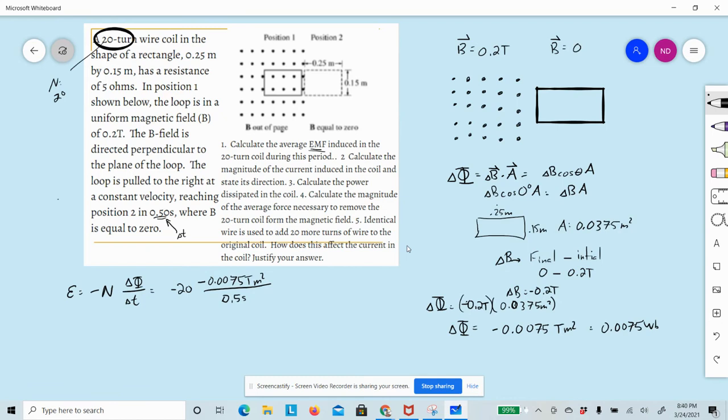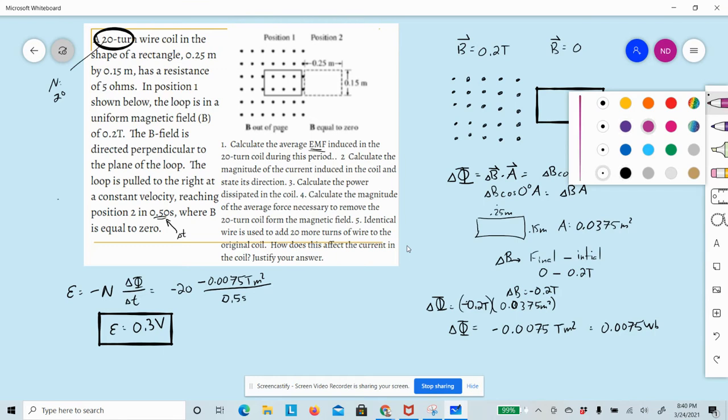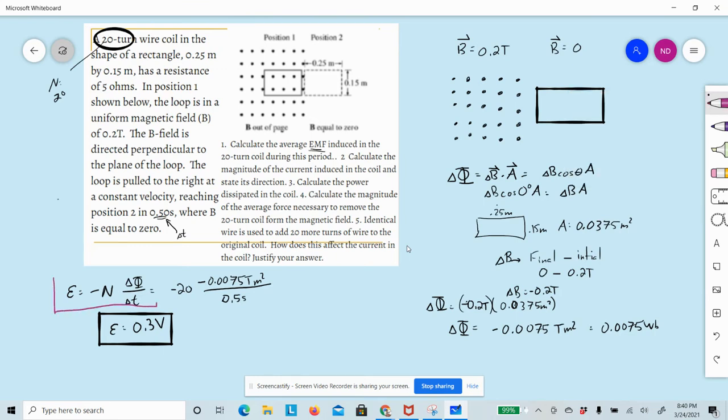That times 20 divided by 0.5, we end up with an EMF of 0.3 volts. That's one. This is Faraday's law. Very important to know Faraday's law. It's right here. Faraday's law. Know it.